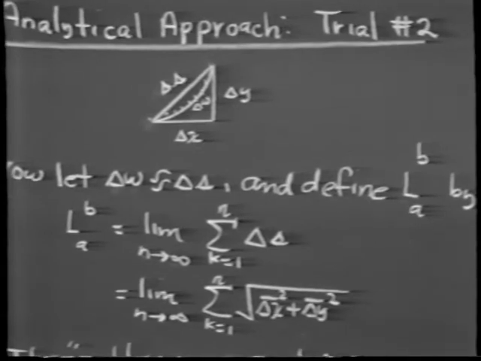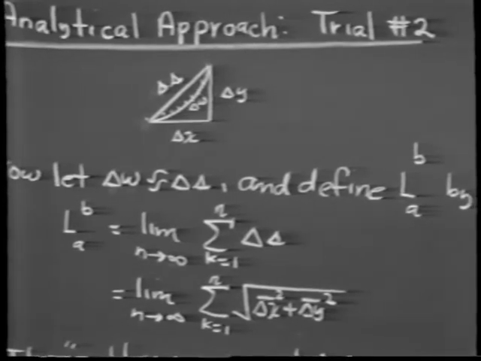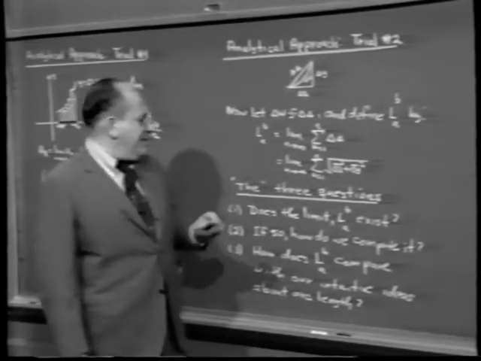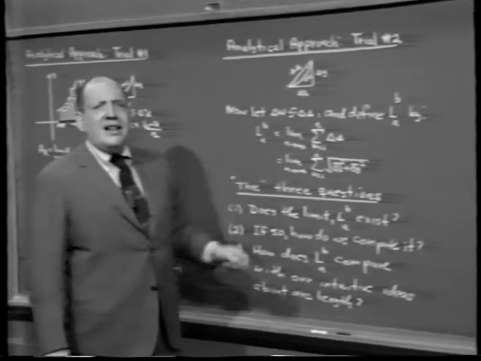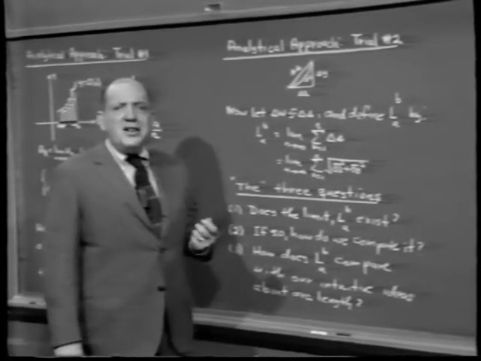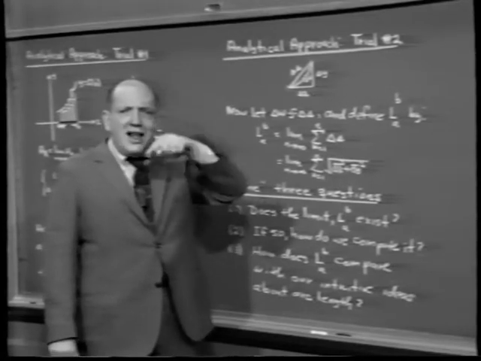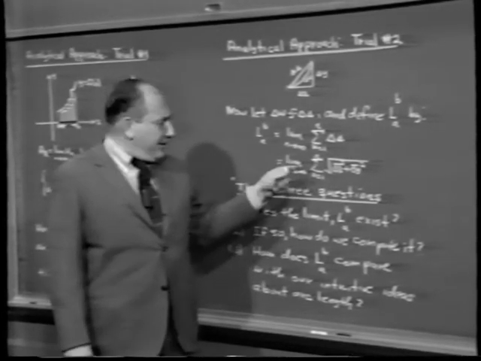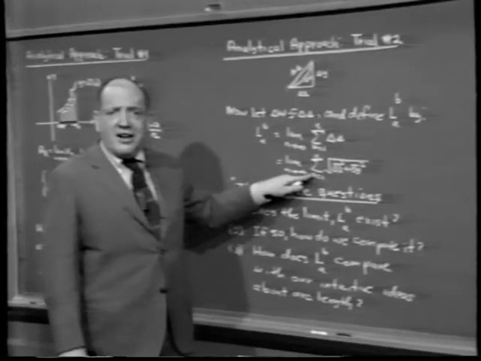And now I claim that there are three natural questions with which we must come to grips. The first question is, does this limit even exist? And the answer is that except for far-fetched curves, it does. You really have to get a curve that wiggles uncontrollably to break the possibility of this limit existing.